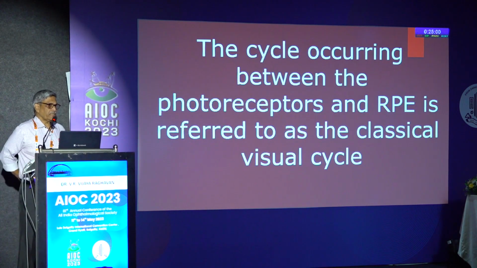What is happening in ERG? Everyone knows that we have rhodopsin in our rods and cones. When this rhodopsin is exposed to light, it breaks down in many steps into trans-retinaldehyde and opsin.